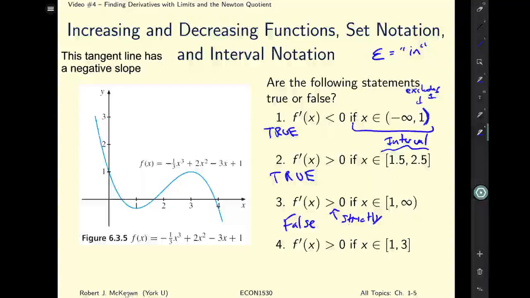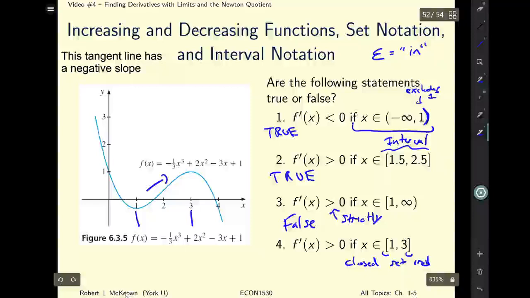And what about number 4? f prime of x is strictly greater than 0 if x is between 1 and 3. So we're looking at this space here. It definitely looks like it's increasing, but notice that we've got closed sets. And so a closed set includes, in this case, 1 and 3.